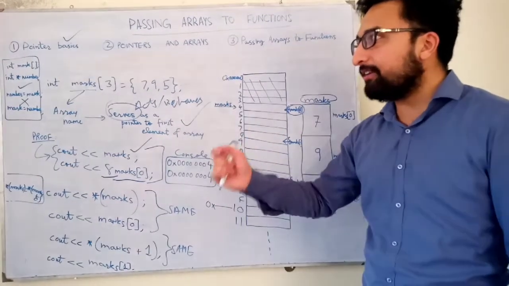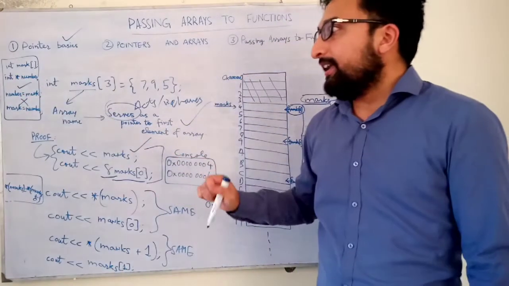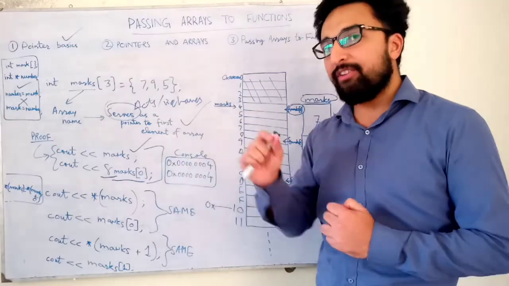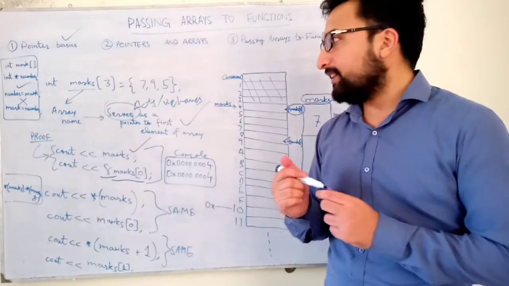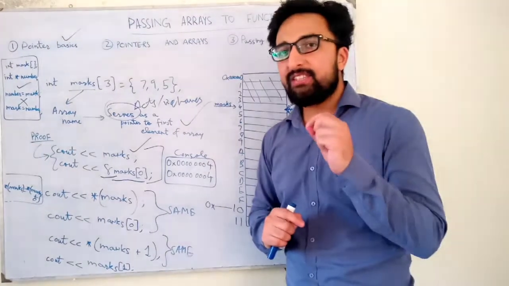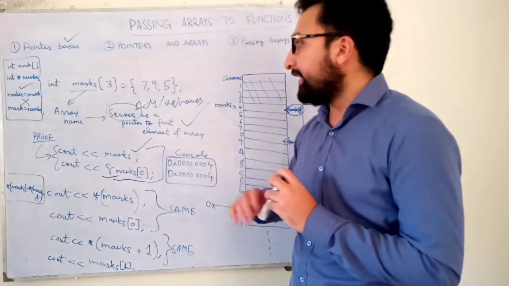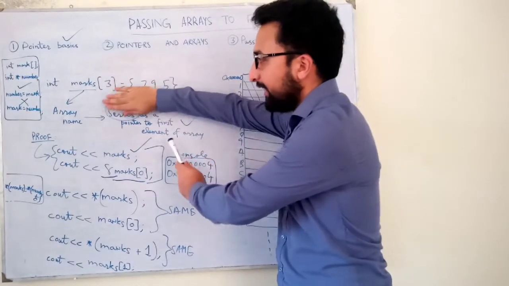And why do we say serves? We say serves here because array names cannot be assigned any other addresses. However, pointers can be assigned some other addresses. Had this difference not existed between the two things, I would have said that an array name is a pointer to the first element of the array.